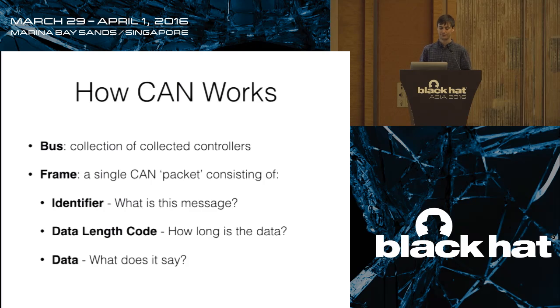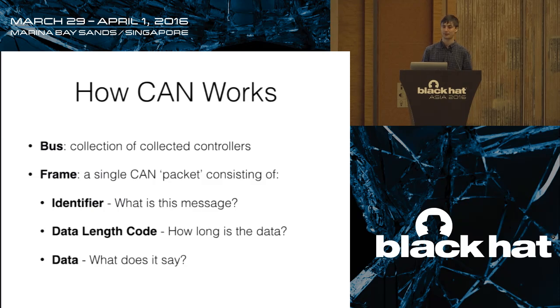On the bus, you're going to have frames. And a frame is a single sort of CAN packet. It's an atomic thing that contains three main items. There's an identifier, and that tells you what is the message, so what's going to be inside of it. There's a data length code, which simply says how many bytes are in this message. It's 0 to 8. CAN only supports payloads of up to 8 bytes.